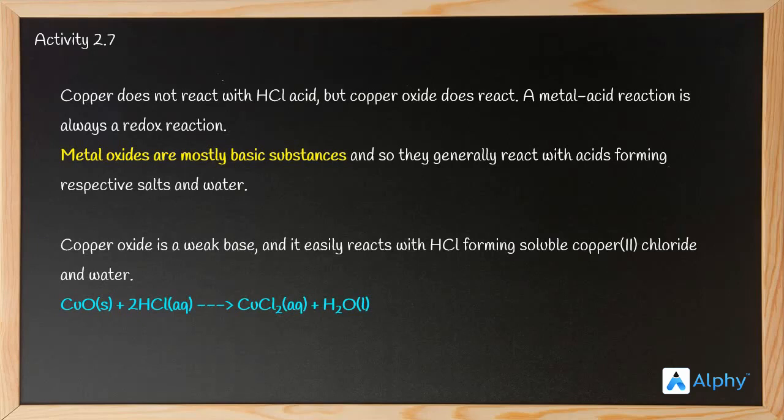So we know that when you lose oxygen, it means it's a reduction reaction, and when you gain oxygen, it means it is an oxidation reaction, right? So CuO, or copper oxide, is reduced to copper chloride and hydrochloric acid is oxidized to water. So that's how the redox reaction works over here.